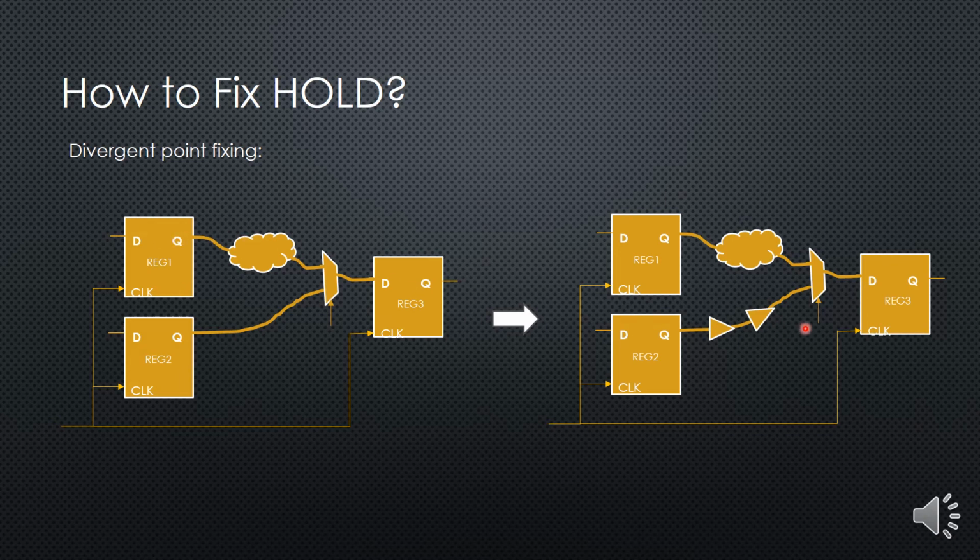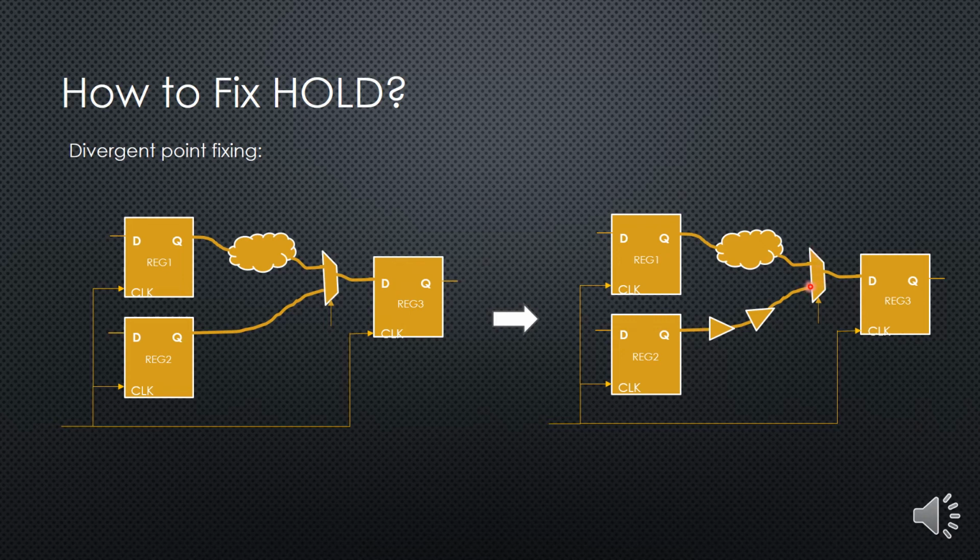So to avoid that, we can try to find the point where hold is violated but we have more setup margin. One such point is the input pin of the mux.